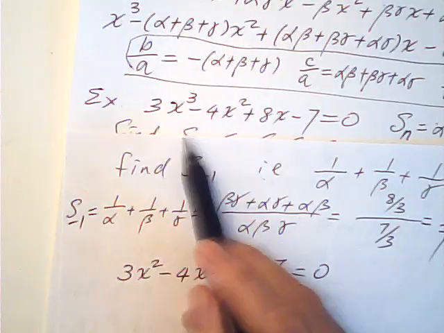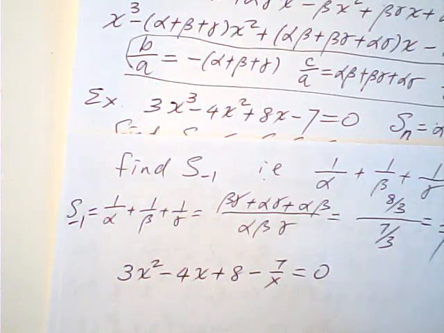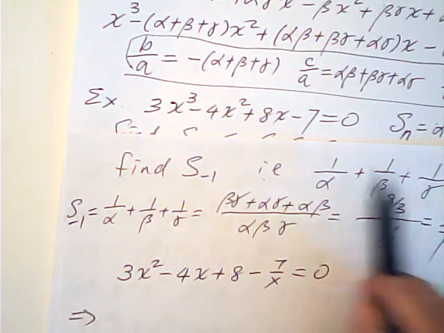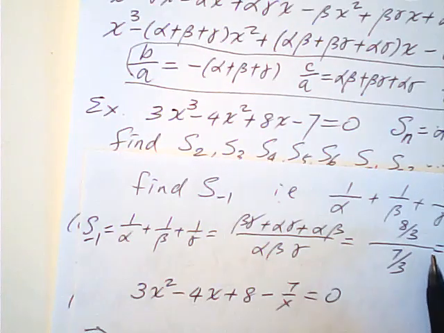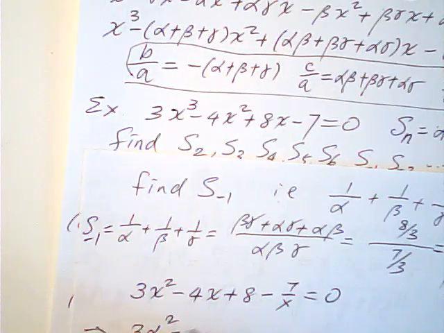Because x is not 0, so we can divide. Because this equation has 3 roots, alpha, beta, and gamma, therefore 3 alpha squared minus 4 alpha plus 8 minus 7 over alpha equal to 0.